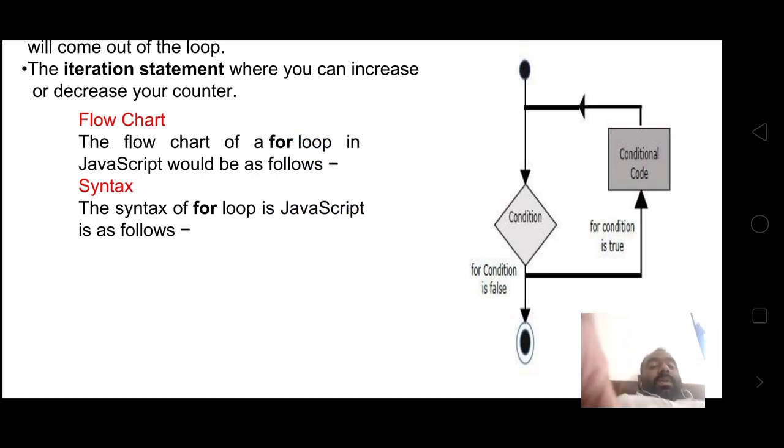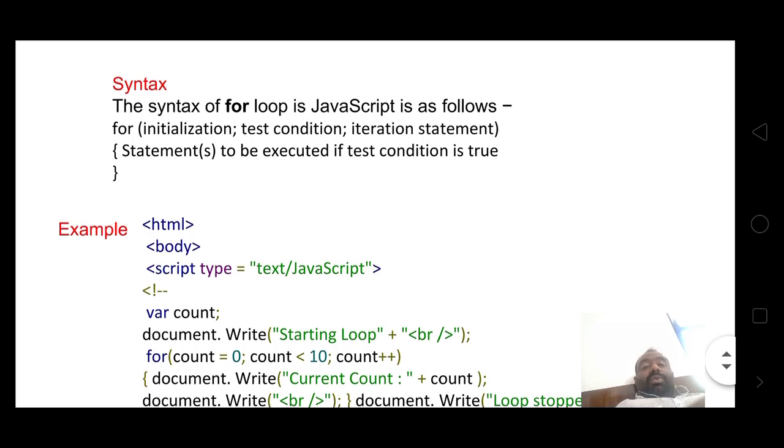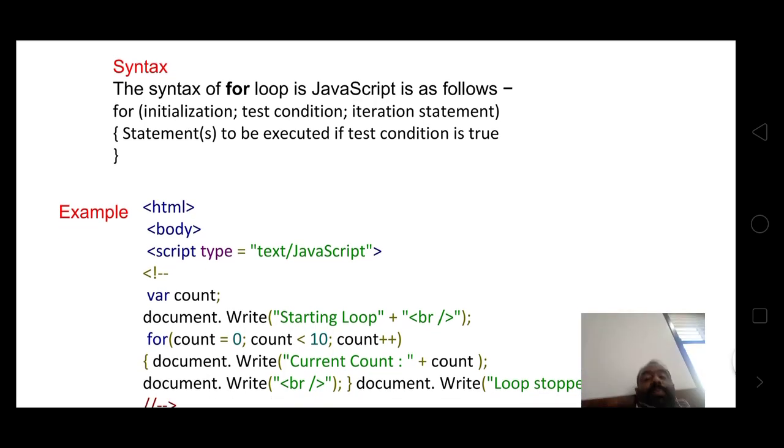When the condition is false, exit from the loop. The syntax for the for loop statement in JavaScript is as follows: for (initialization; test condition; iteration statement) { statement to be executed if test condition is true }.